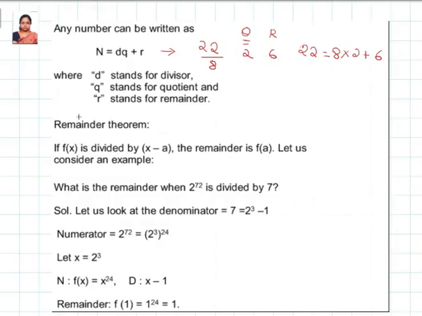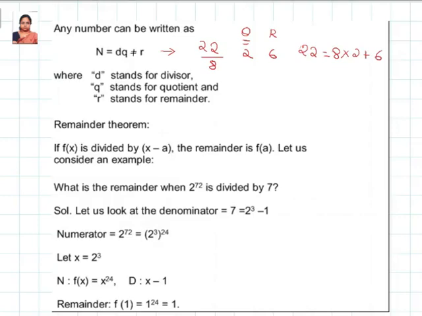Now the next is remainder theorem. There are a lot of different ways to calculate the remainder. One of the methods is using this function. If f of x is divided by x minus a, the remainder is f of a. That means you substitute x is equal to a in the equation, and whatever you get becomes your remainder.